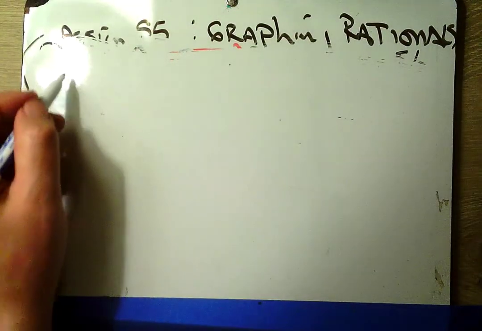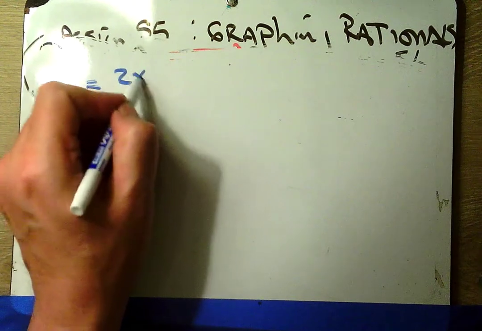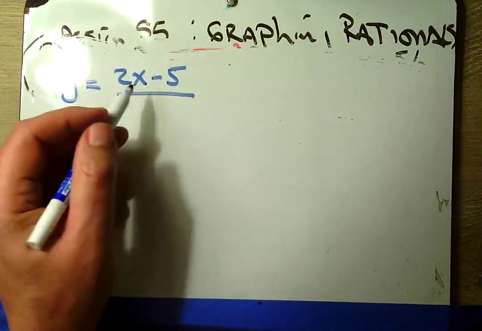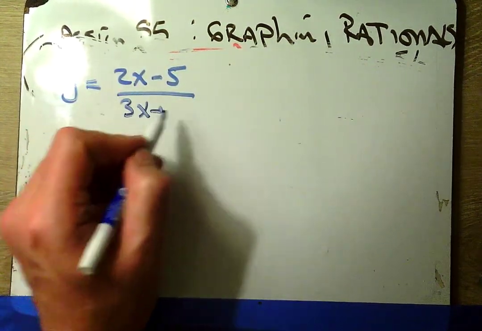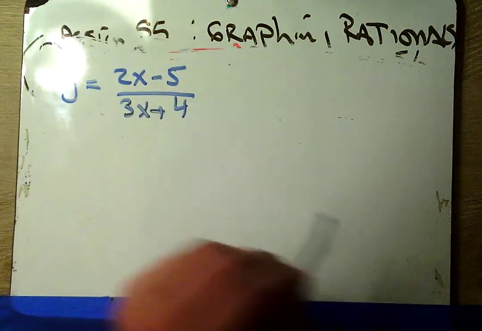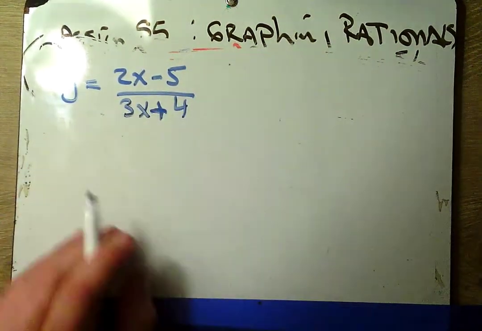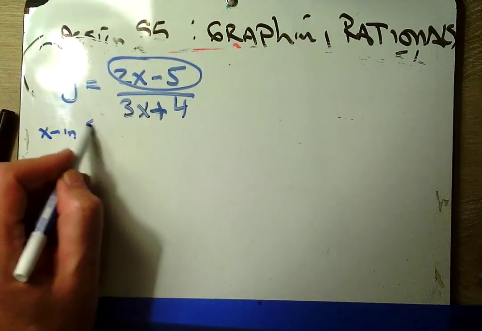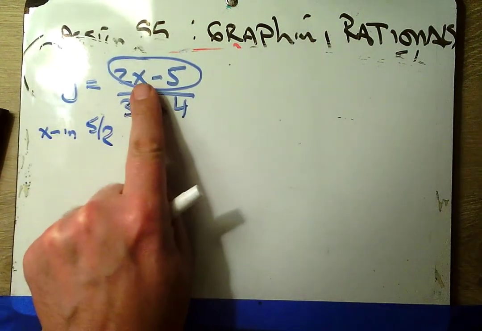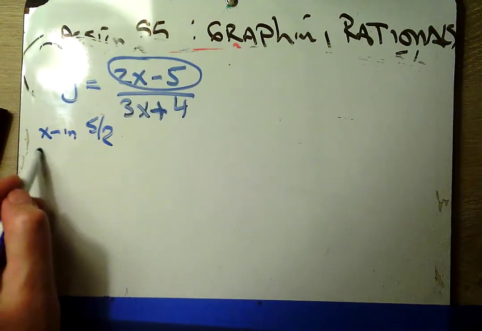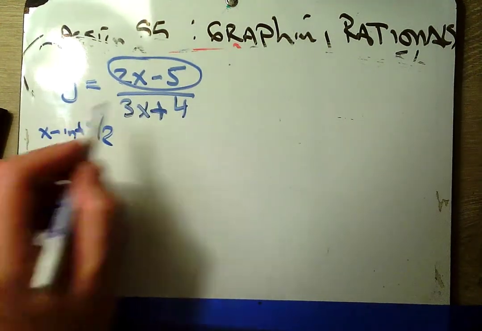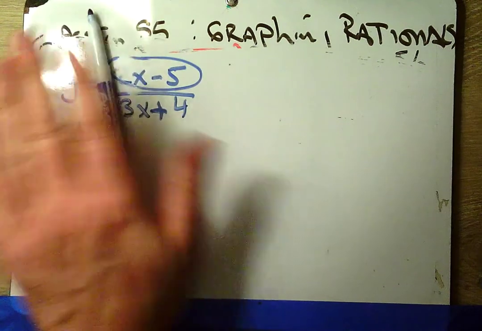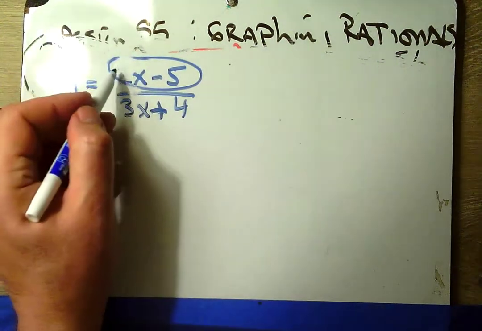Now, I would love it if you would get to the place with your comfort in this, which is certainly not today, but I would love it if by the end of our little unit on this, you were comfortable saying, okay, x-intercept is at 5 halves because I set the top equal to 0. And y-intercept, because I covered up the x's, was negative 5/4.